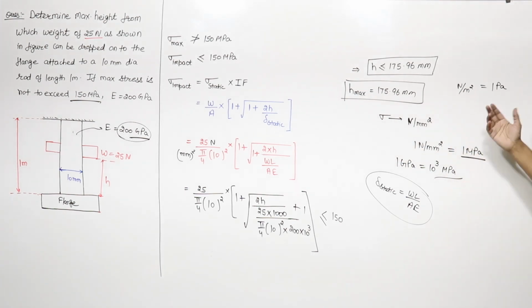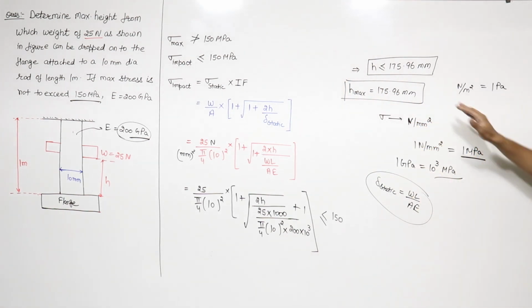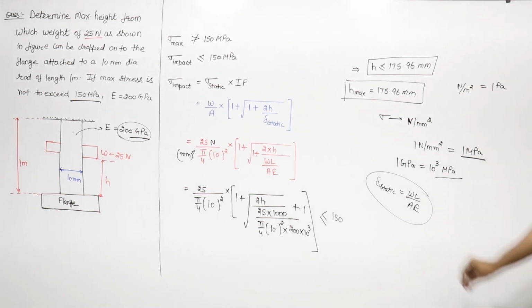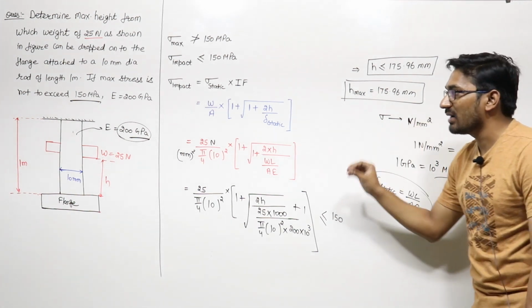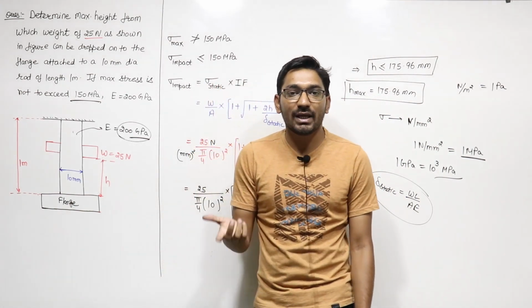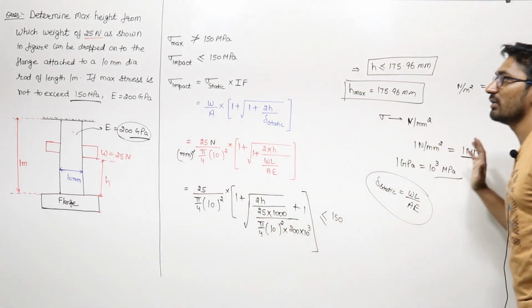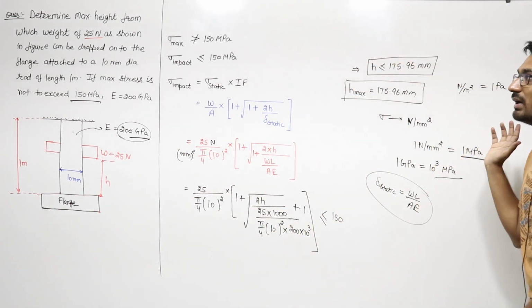Because if height increases, the stress will increase beyond 150 megapascal. So the answer will be 175.96 mm. This should be the maximum height we can afford, so that the stress induced in this flange should not be more than 150 megapascal. This is how you can solve the numericals on impact factor or impact loading.